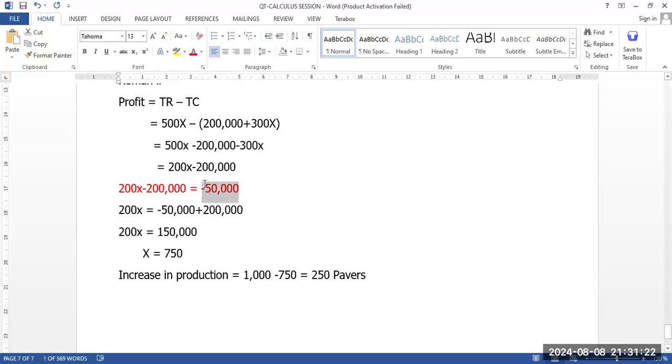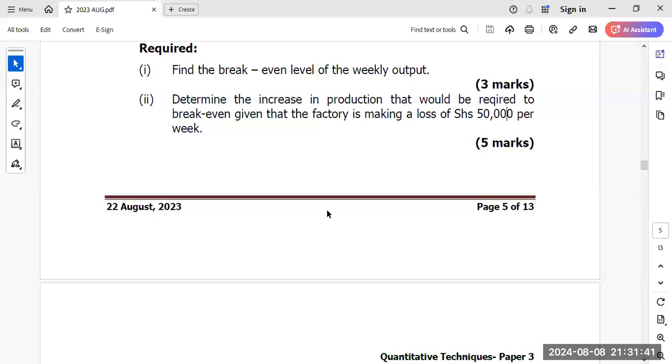The figure you're given, put it here as a negative. That can help you to get a new production level that you can compare and see the change. Okay, we are done with that part.